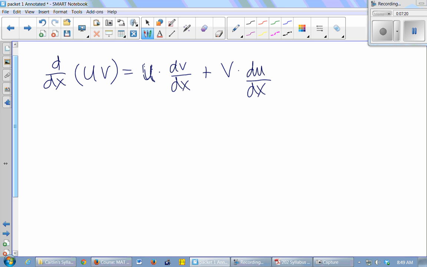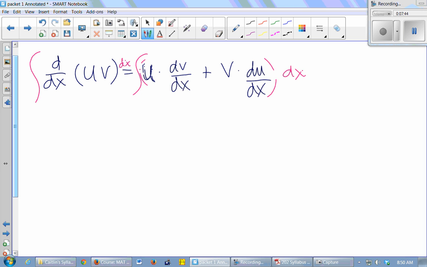All right, so now I'm going to take the integral of both sides. If I integrate both sides with respect to x, what is the integral of the derivative of u times v? u times v.